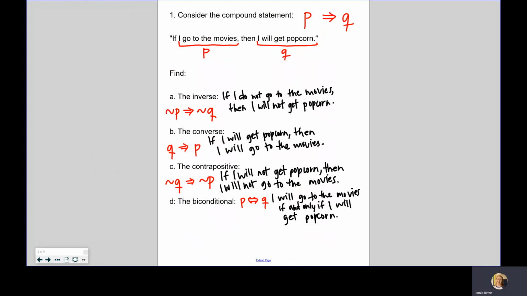All right, so again, just using some simple statements like I go to the movies, I will get popcorn, to practice writing the inverse, converse, contrapositive, and the biconditional.